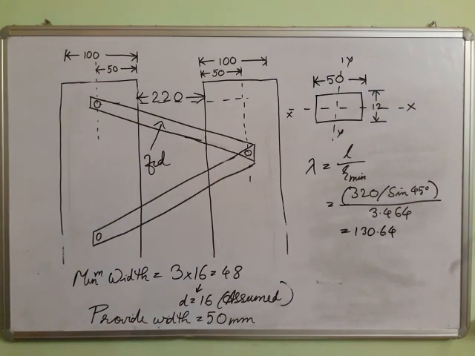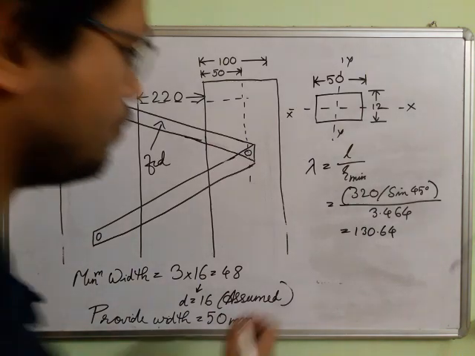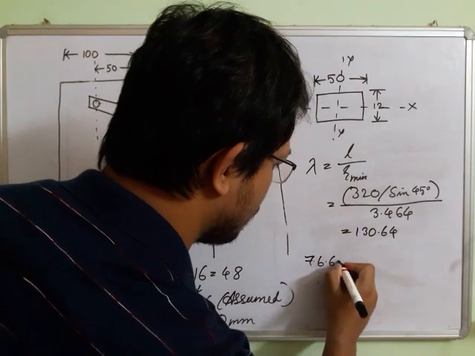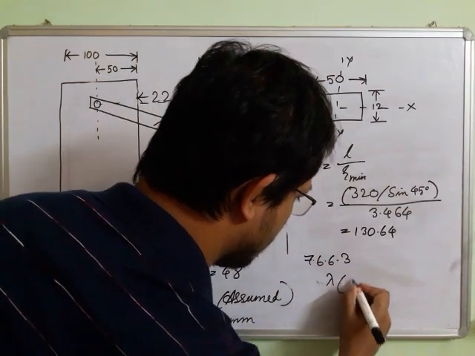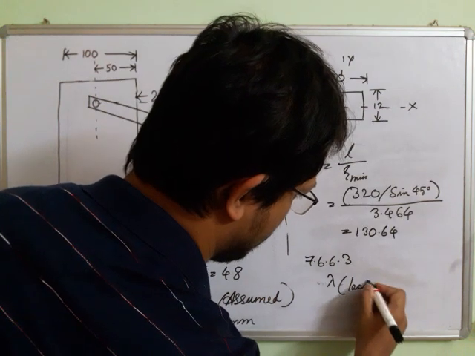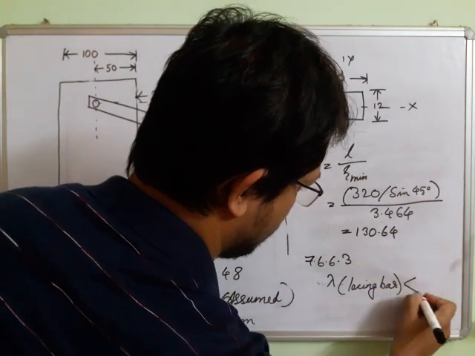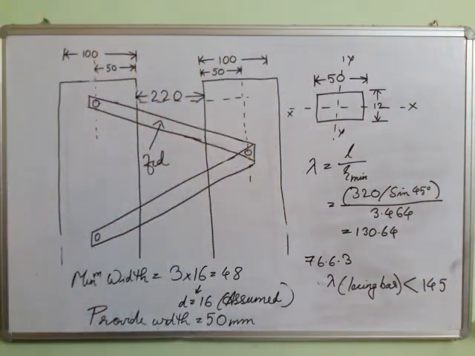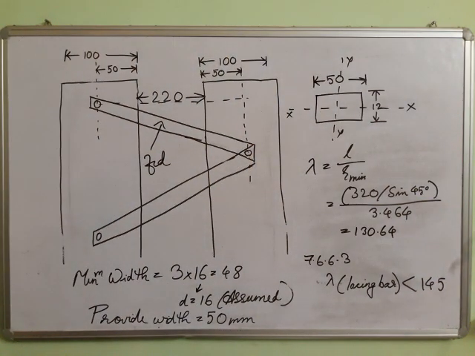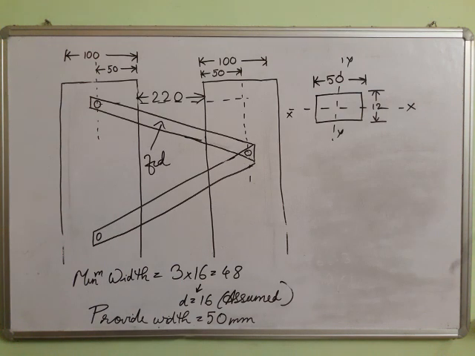Okay, so this is the slenderness ratio we have got. Now we have to do one check. You see the clause number 7.6.6.3. It should be less than 145. So according to that clause, we have already satisfied that condition. Now we have got the slenderness ratio, we have got the Fy value, buckling class we know. So you find out fcd.